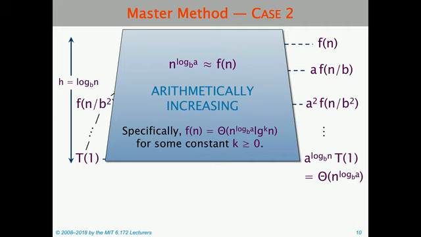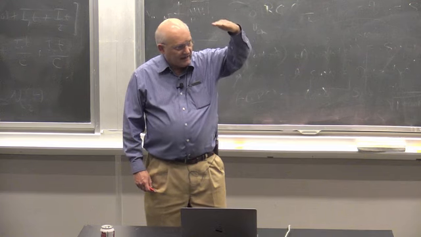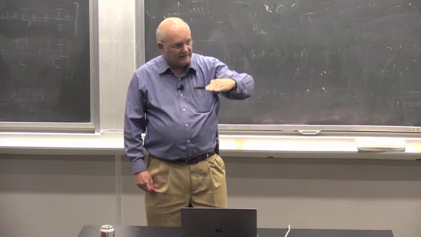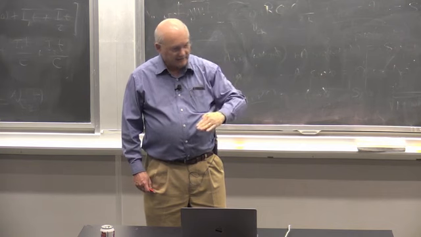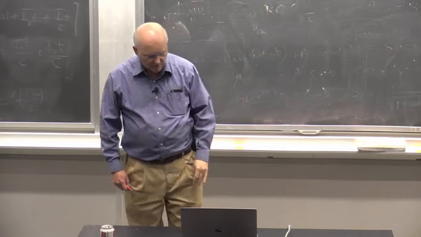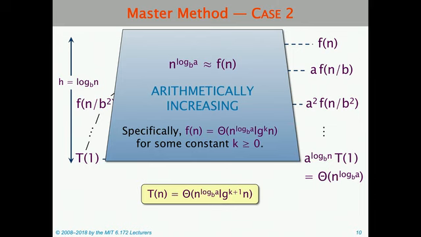But if k is greater than or equal to 0, then what's happening is it's growing arithmetically from beginning to end. So when you solve it, you essentially add an extra log term. Since f of n is n to the log base b of a times log to the k of n, the answer is n to the log base b of a times log to the k plus 1 of n.